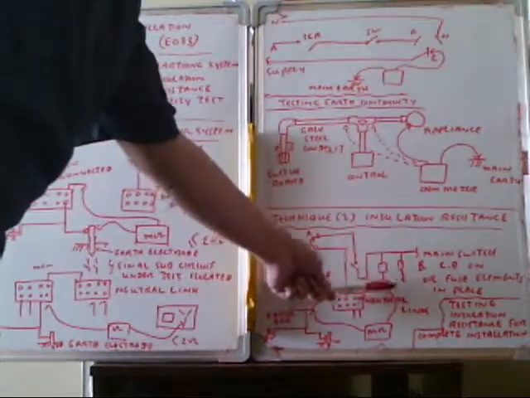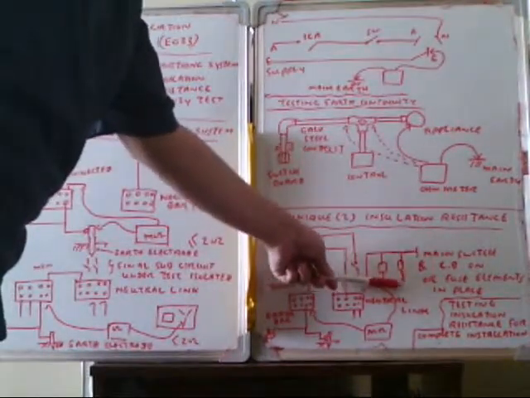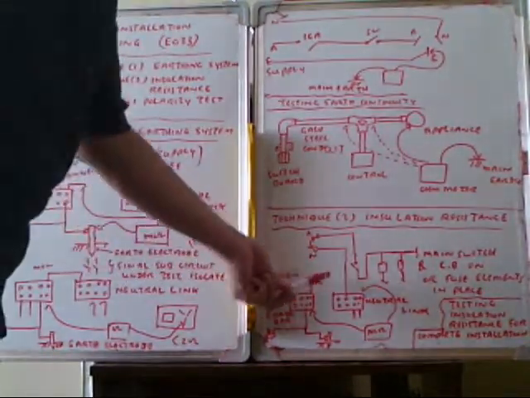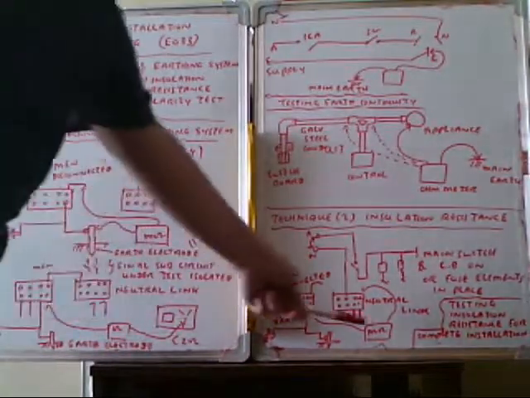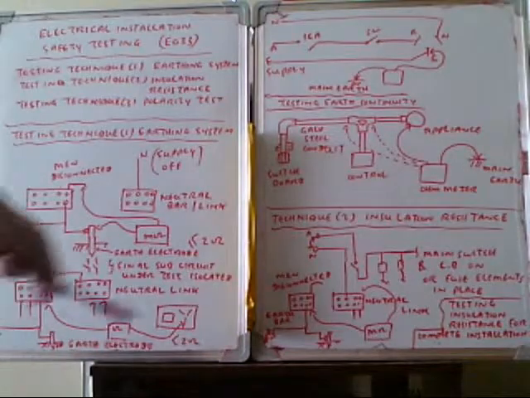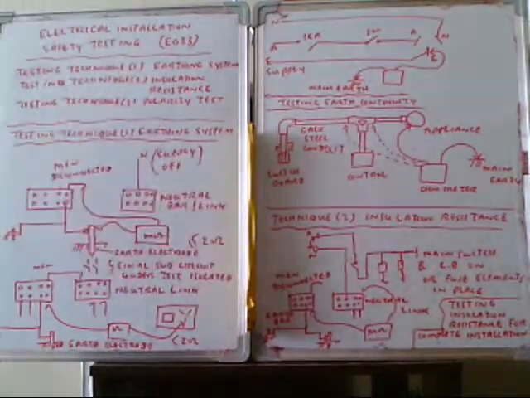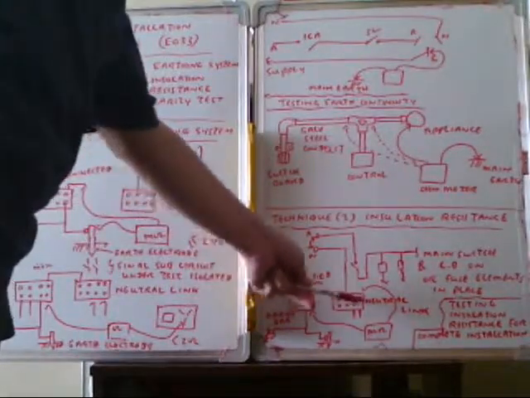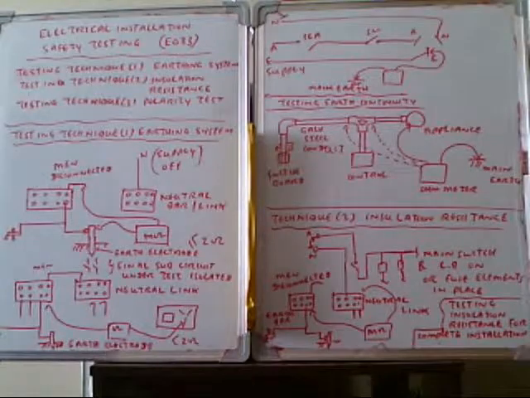But we have to take out the wires from the neutral wire, so all the loads are taken off. We put the earth connection disconnected. We put the megohmmeter, one at the neutral link, another at the earth link. The resistance between the neutral link and earth link must be infinity.